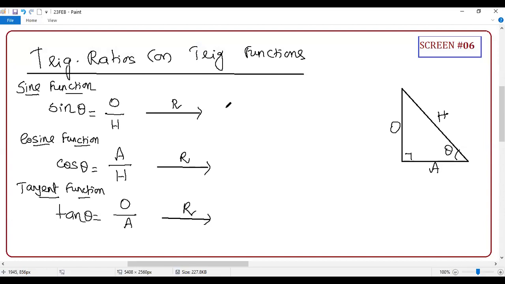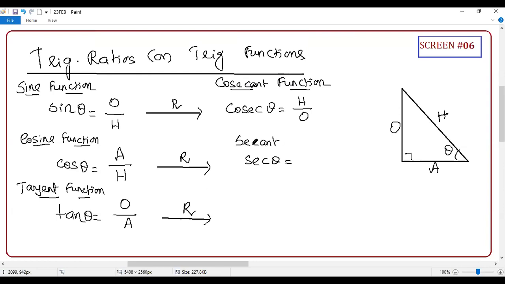What are they? Sine reciprocal. Anyone knows what sine reciprocal is called? It's called the cosecant function. In short, cosec theta is the reciprocal of sin theta. Then the next function: the reciprocal of cos is the sec function, that is secant.